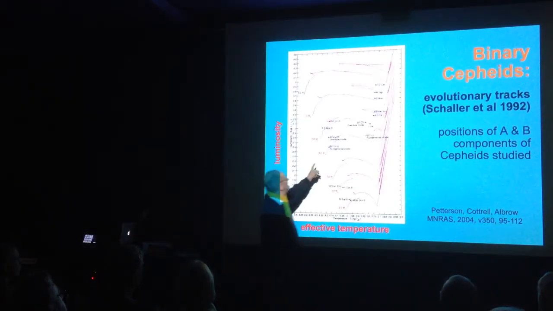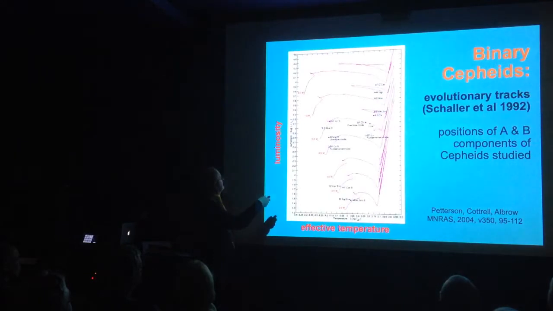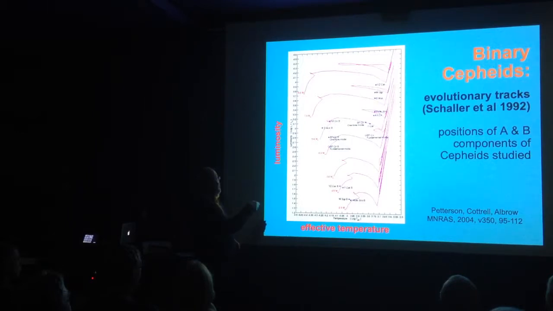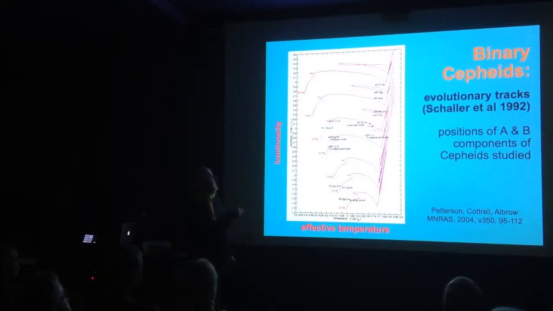The Cepheid for S Mus has already got up to here. S Mus B, the main sequence star, is sitting over here on the main sequence. They're not much different. This was 5.4 to 5.0. You can see that just 0.4 of a solar mass can get you well away into a different phase of evolution.